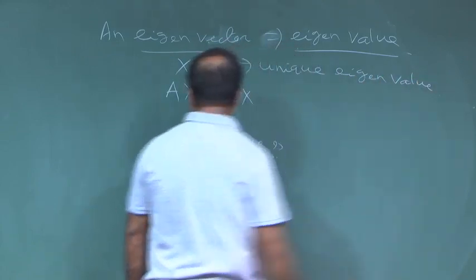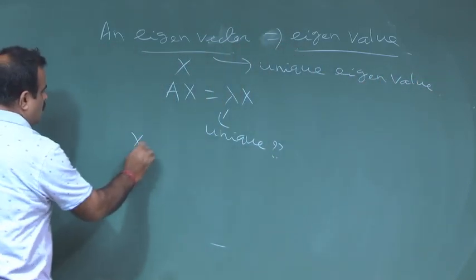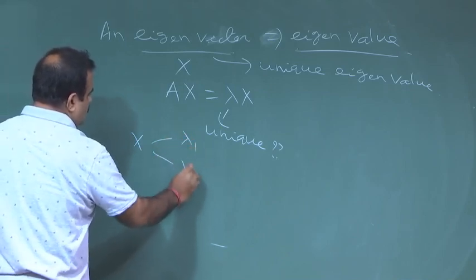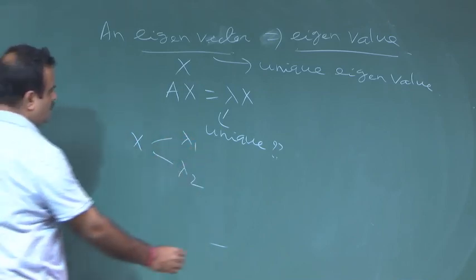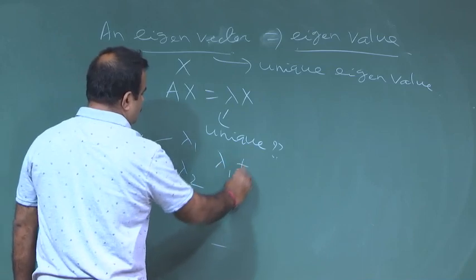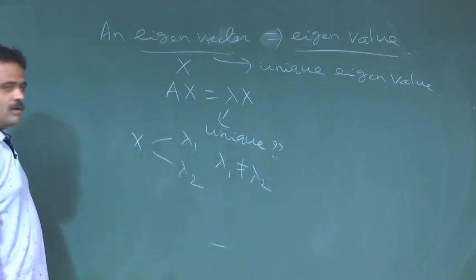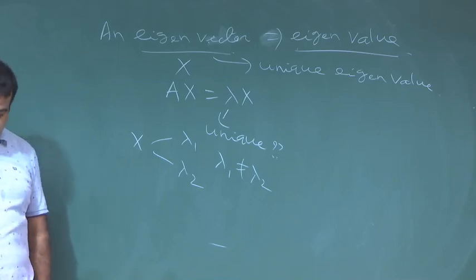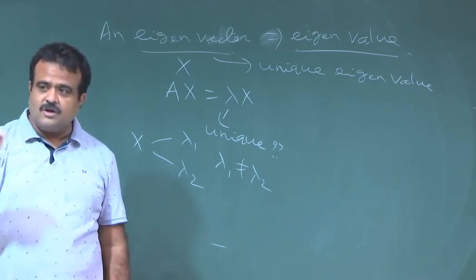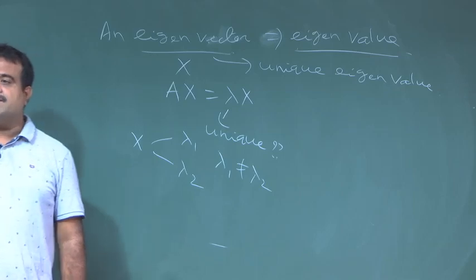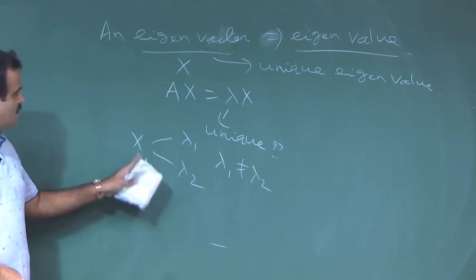That means corresponding to an eigenvector, we cannot have two different eigenvalues lambda 1 and lambda 2. This is not possible. How to justify that? Suppose it is possible. Suppose for a given eigenvector we have two eigenvalues, lambda 1 and lambda 2.